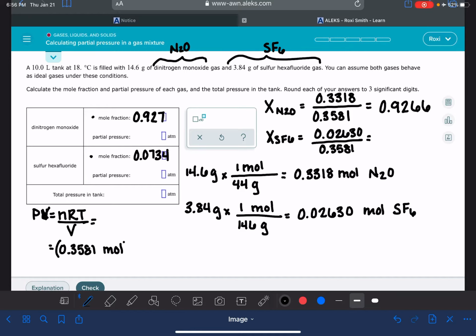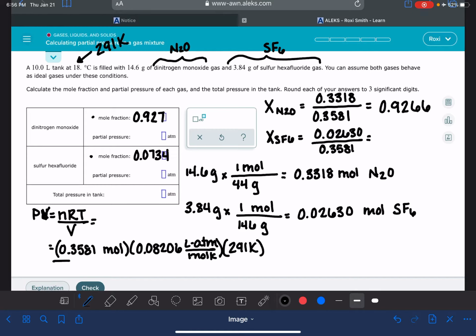We're going to use our gas constant R, 0.08206 liters atmospheres per mole Kelvin. And the temperature, which says it's 18 degrees C, convert that to Kelvin, 291 Kelvin.